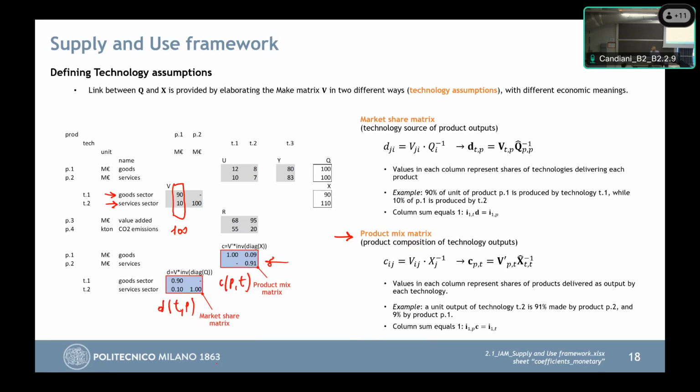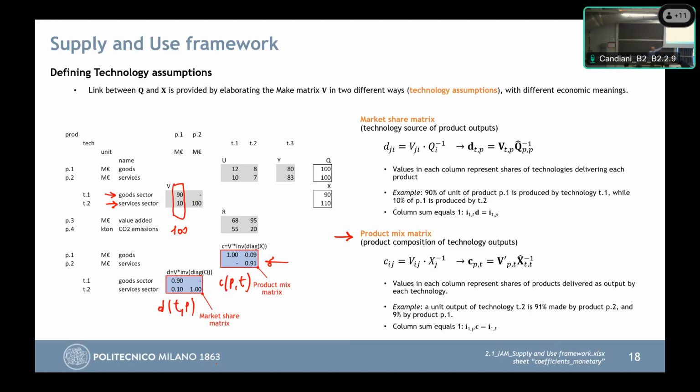So what does it mean, the second column of table C? Any suggestion from your side? We have 0.09, 0.91. What does it mean? Distribution percentage. From the table V and X. Yeah. So we are transposing V, so we have 10 and 90, by dividing by the total activity.